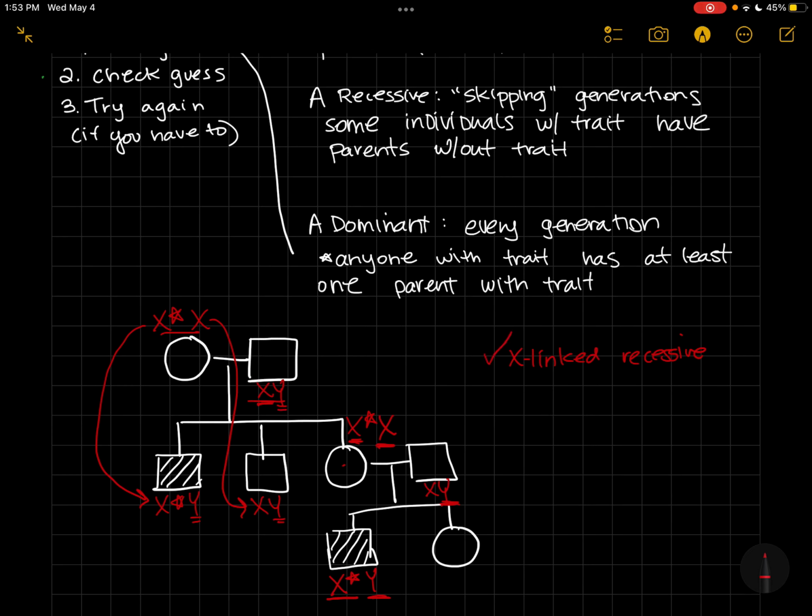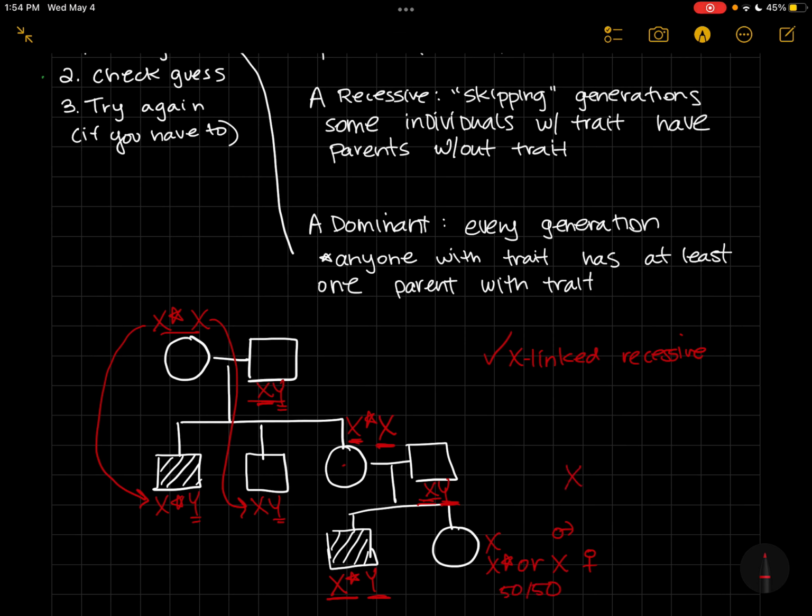We've already decided X-linked recessive works fine for this pedigree. Let's think about this individual here. Now we know she got an X chromosome from her dad, and she could have gotten either an X* or an X from her mom. This is what she got from her dad, and this is what she got from her mom. And Mendel's rules tell us that this is going to be 50-50.